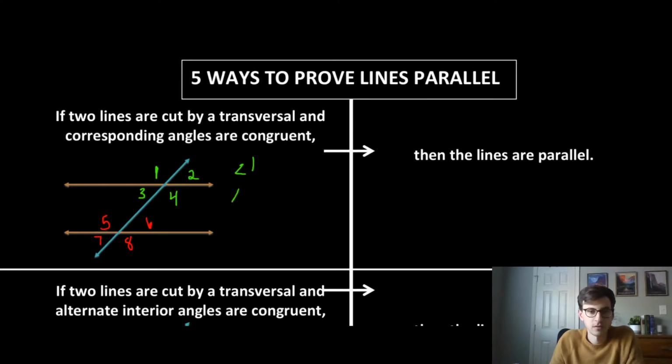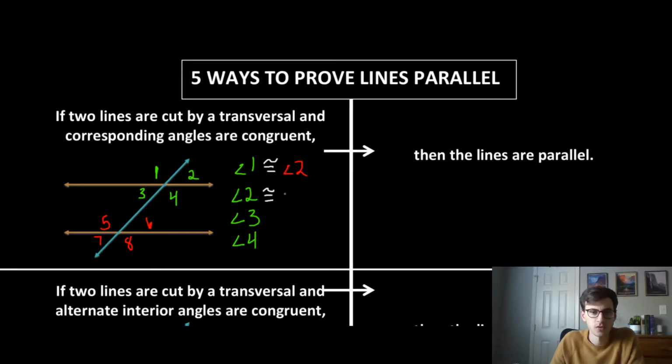And I only need to know one of these pairs. If one of these corresponding pairs is true, then the rest will follow, which is kind of crazy to think about. So angle 1 is congruent to angle 5. This is my given.